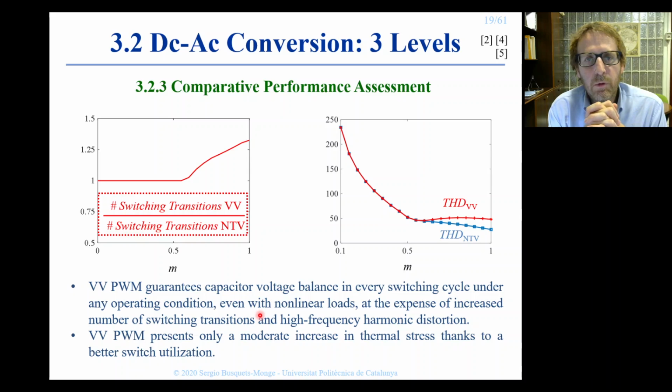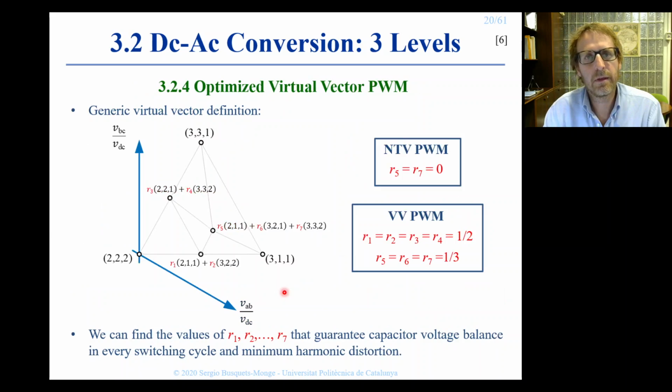The virtual vector pulse width modulation extends the portion of the line cycle that switches are switching, and therefore we can expect lower variations of temperature. The average temperature may rise, but the variation of temperature may be lower because of this. So overall, the thermal stress may not increase that much.